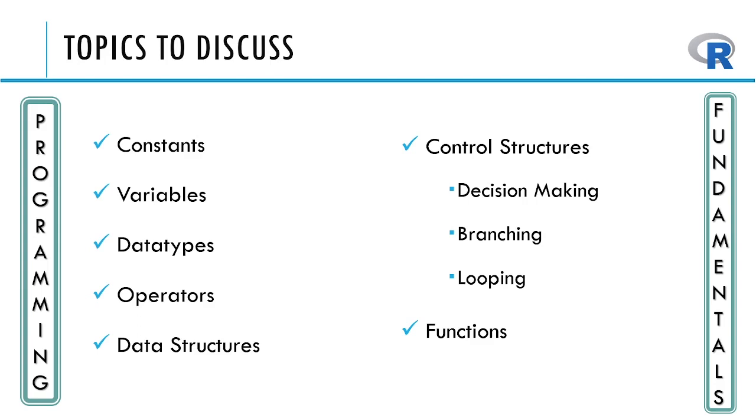They are constants, variables, data types, operators, data structures, control structures, functions. You will find all these seven types of structures in any programming language. So in R, you will also find them too.